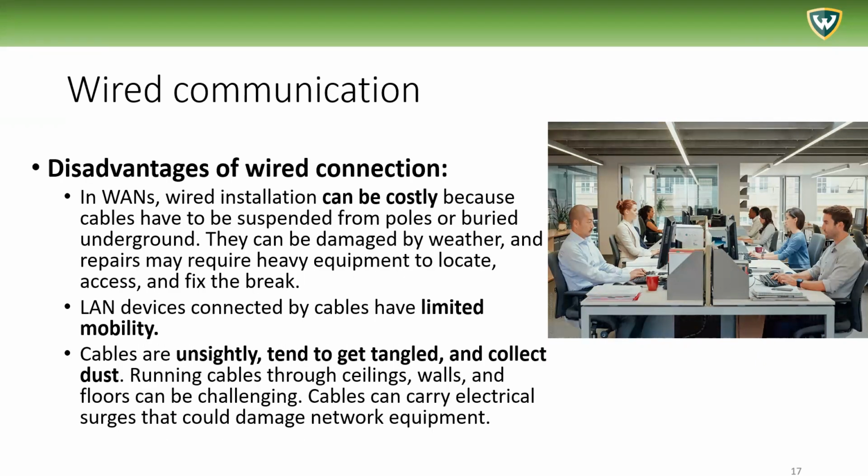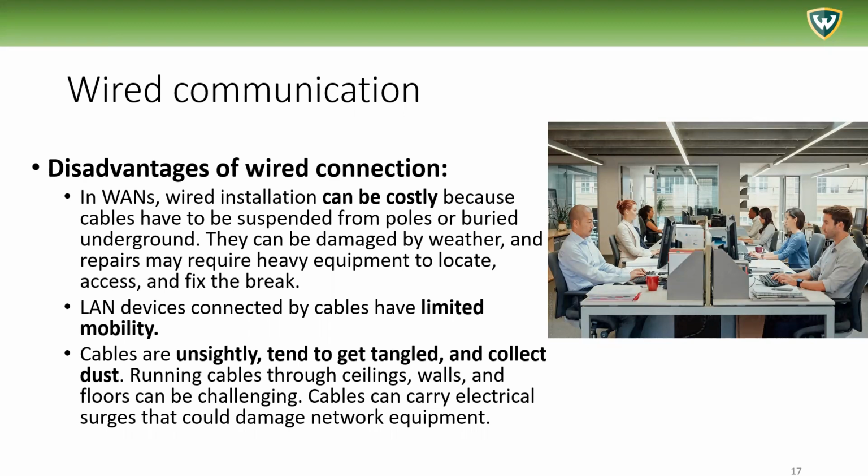Disadvantages of wired connection. In wide area networks, wired installation can be costly because cables have to be suspended from poles or buried underground, and they can be damaged by weather, and repairs may require heavy equipment to locate, access, and fix the break. Whereas in wireless communication, the transmission of signals themselves can be damaged.